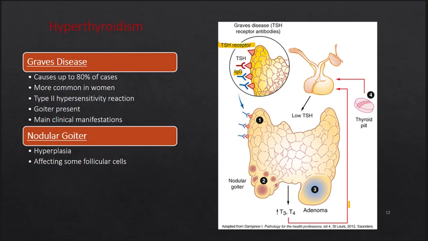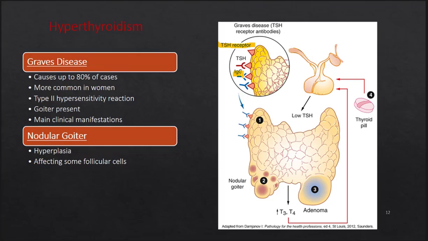These autoantibodies have a particular name: thyroid stimulating immunoglobulins. So these are the antibodies against the receptors for thyroid stimulating hormone.